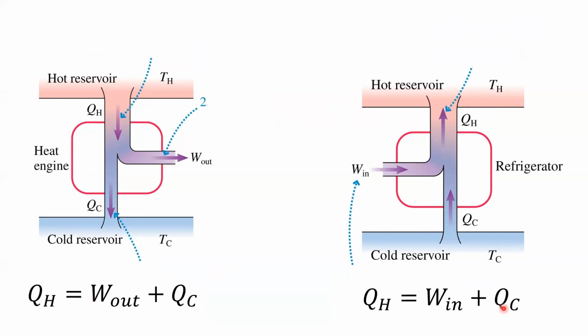Okay, here's some equations worth knowing. These are just mathematical statements of what you can see from the picture. The heat absorbed gets broken up into two outputs. There's the output work and then the heat that's dumped into the cold reservoir. Over here, the equation's slightly different. Instead of calling it work out, we call it work in. It's understood that work in is a positive quantity and also that work out is a positive quantity.